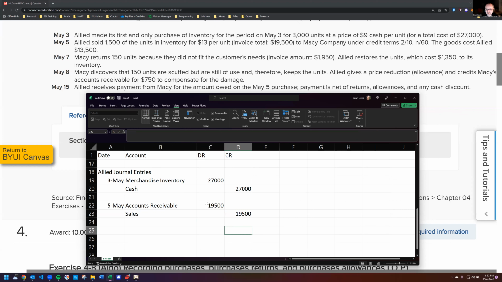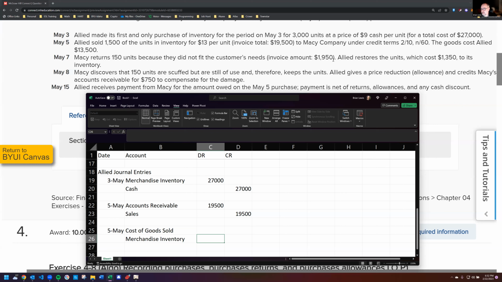Now you also have to have a cost component to this, because you have to match your revenue with cost. So you're going to make sure you do the transactions at the same time. This one, you're going to go to cost of goods sold, and you're going to pull it out of merchandise inventory. Now, they're telling you right off the bat what that amount is.